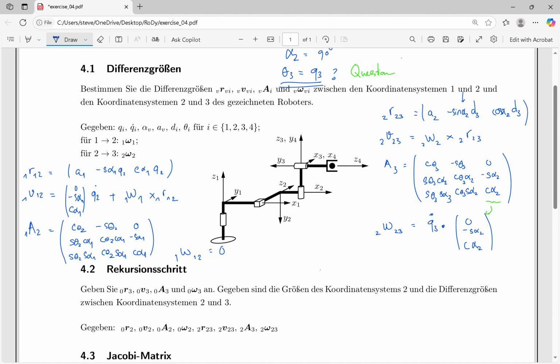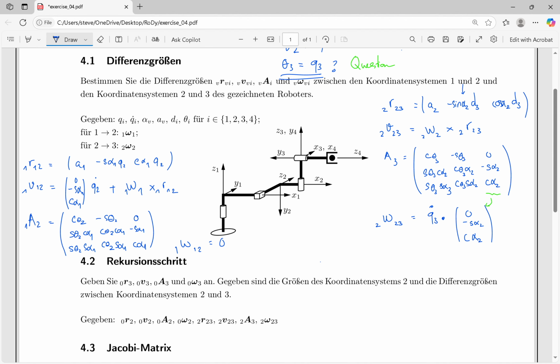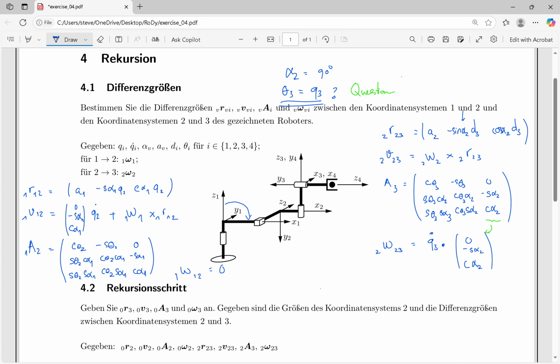Yes, alpha 1. Is that correct? Yes, it is correct. So alpha 1 is the rotation from 1 to 2, I think, and it's in this direction. Yes, that's actually correct.